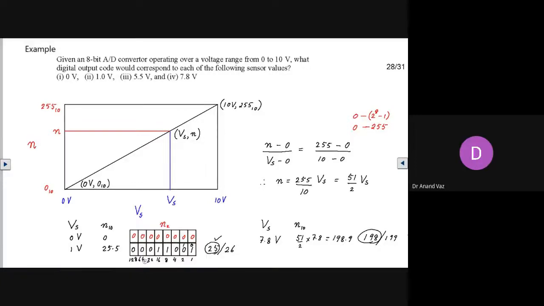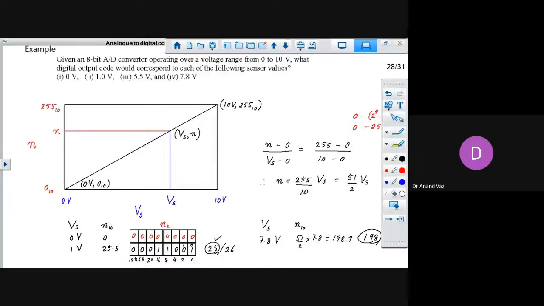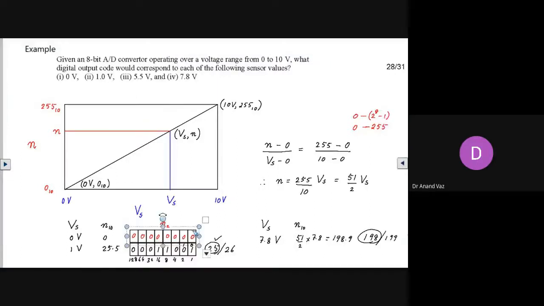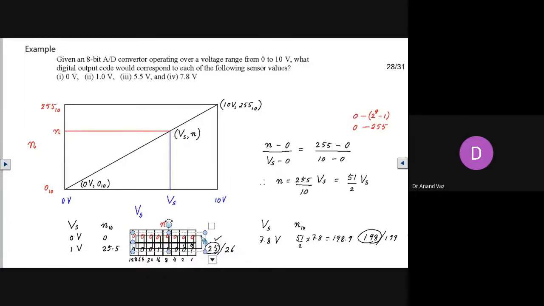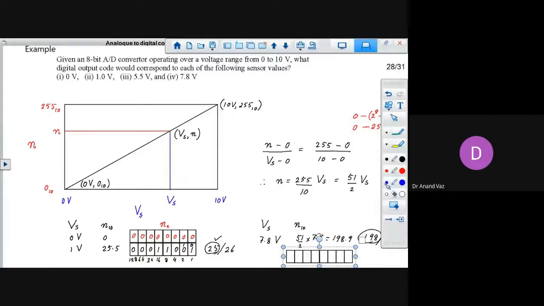And you can do it like this. Place a 1 here. Let us do that quickly, just for you. Or you can use even the method of division. Let's use the method of divisions for a change.